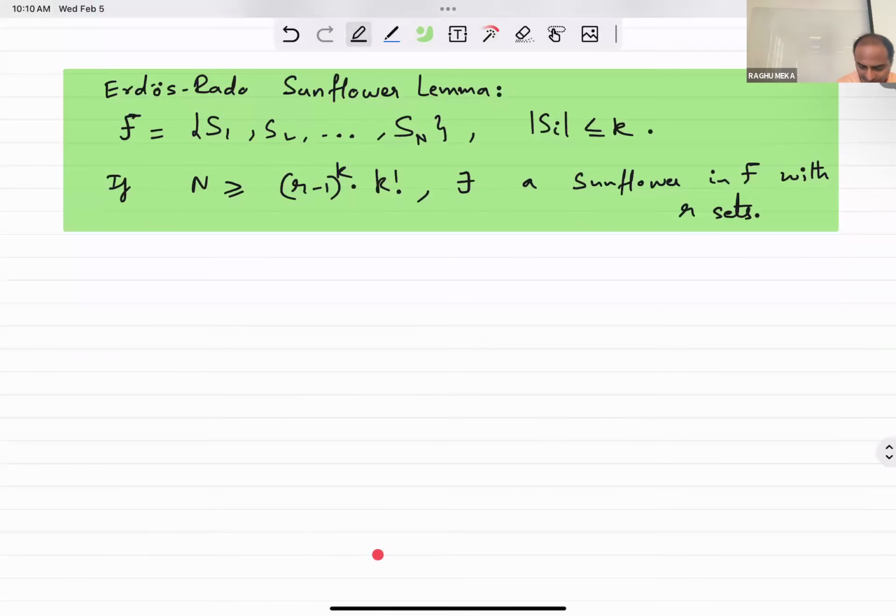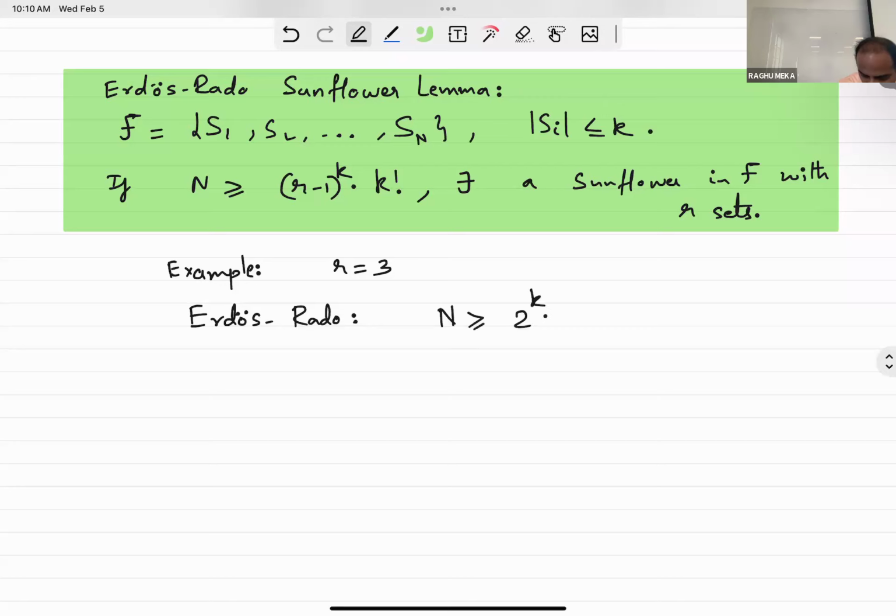So for example, let's take R equals 3, okay? If R equals 2, there's nothing really to prove. I mean, it's just two sets, right? A sunflower is a trivial thing. But if R equals 3, what does the Erdős-Rado bound say? It says that as long as my number of sets is 2 to the k times k factorial, we get a 3 sunflower.